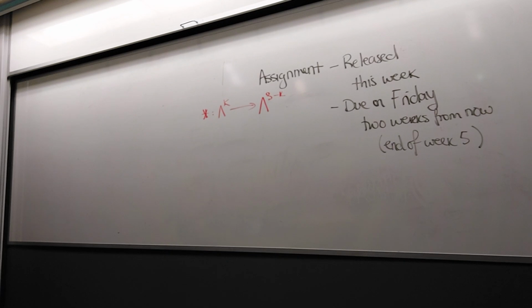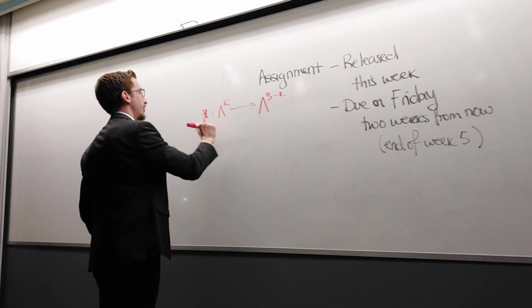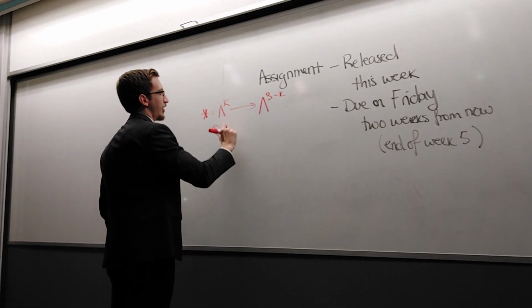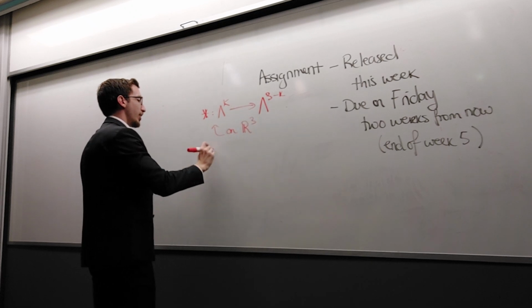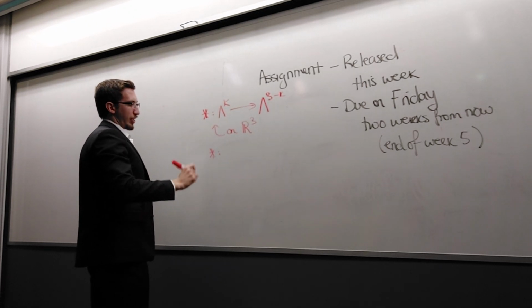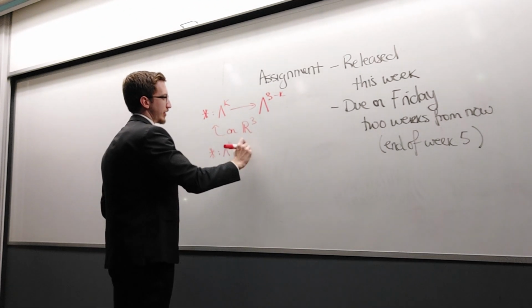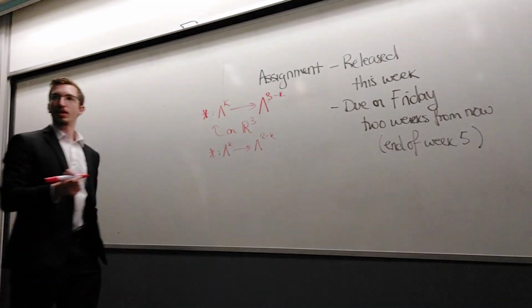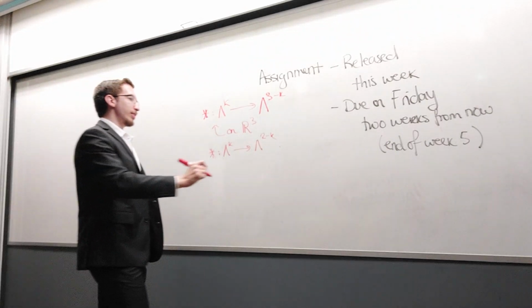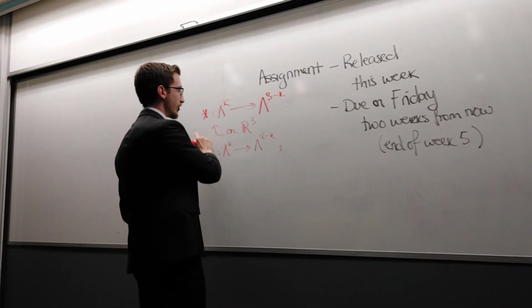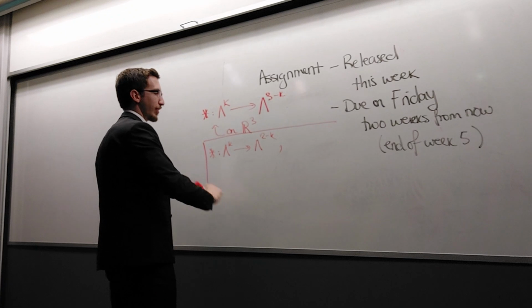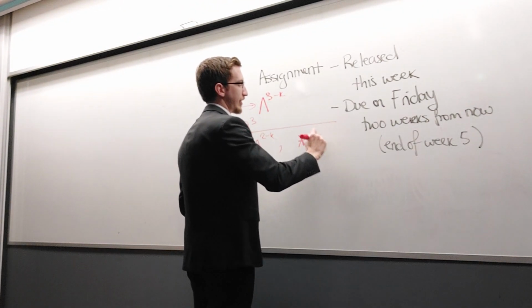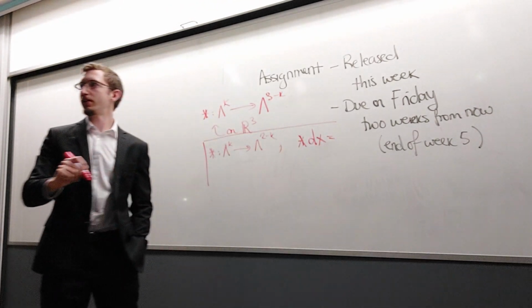On R3, so if we're doing it on R2, it would be 2 minus k, that's all you need to know. So this is on R3. If I was to do it on R2, I would take a k-form to a 2 minus k form. And let me even be nicer, I'll tell you that in the 2-dimensional case, star dx, can anyone tell me what star dx would be?